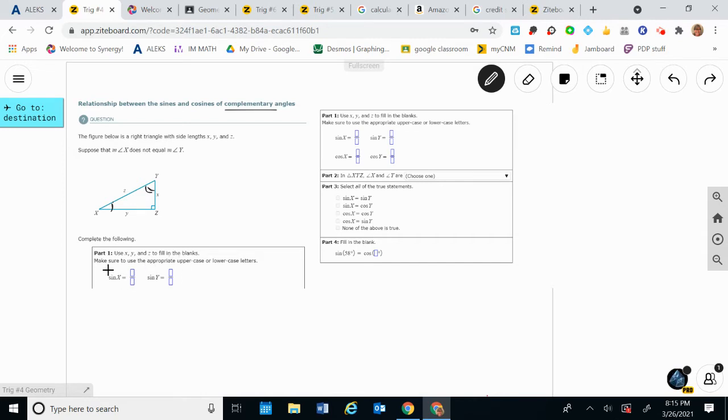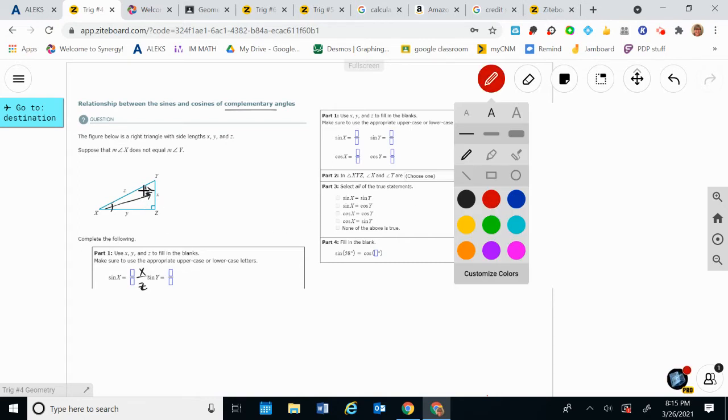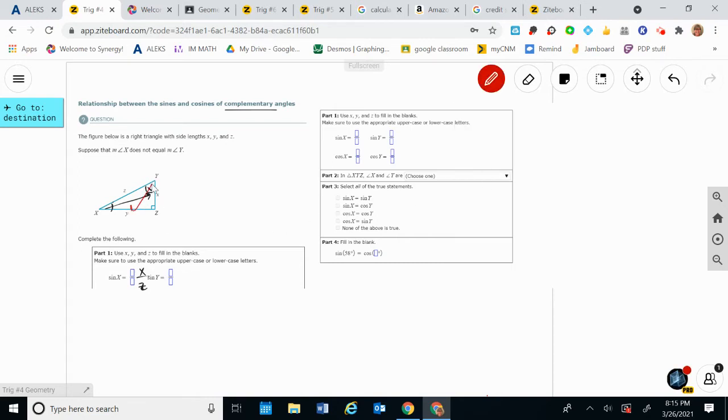So what is the sine of X? Opposite over hypotenuse, X over Z. And the sine of Y is Y over Z. Then they want cosine of x. This is still part one.